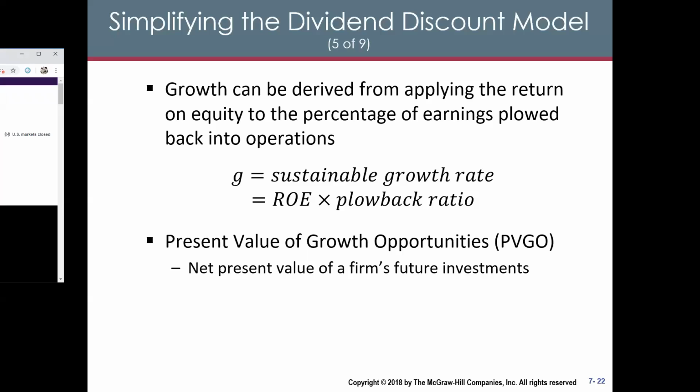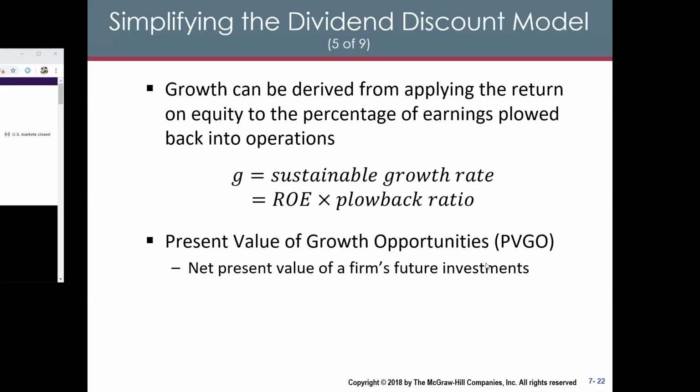What if we distribute all our earnings? We don't do the investment. What's the present value going to be? And what if we decide to do the investment and retain parts of the earnings? What's the present value going to be? And the difference in those two values is the net present value of the company's future investment.